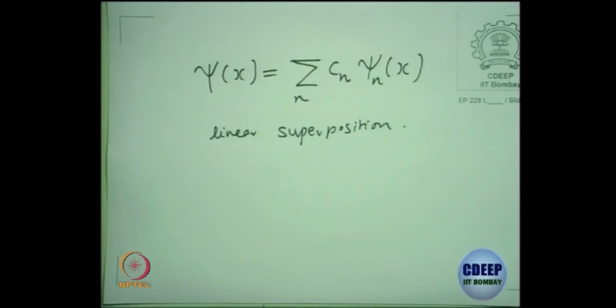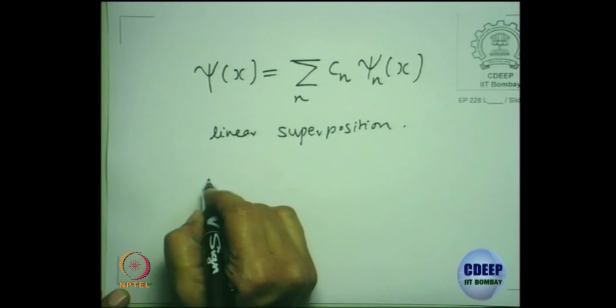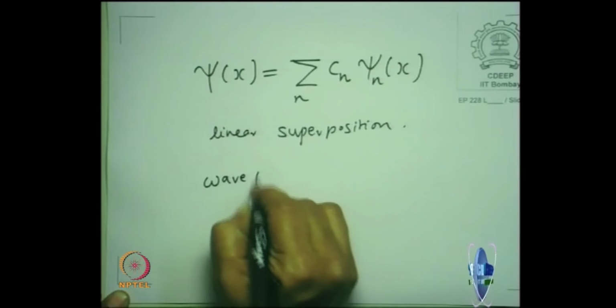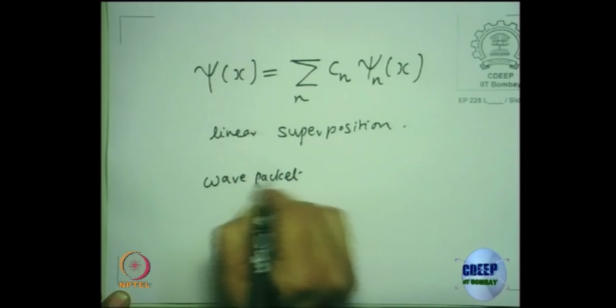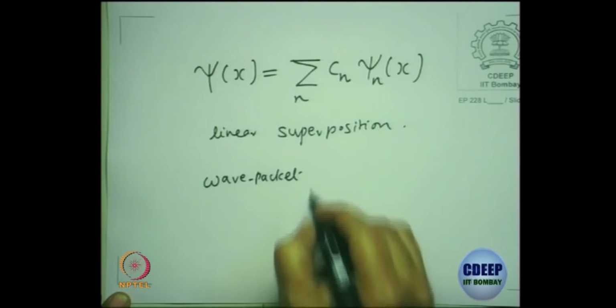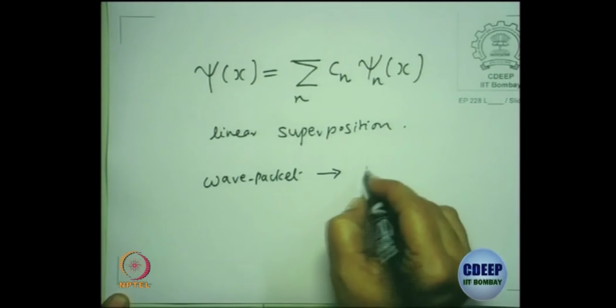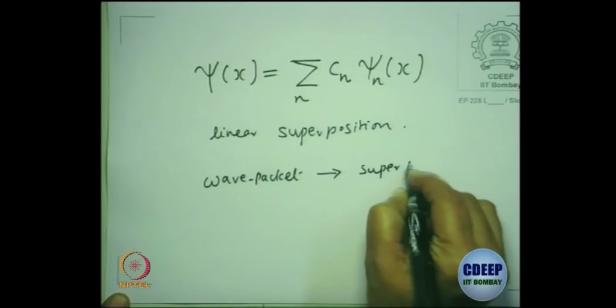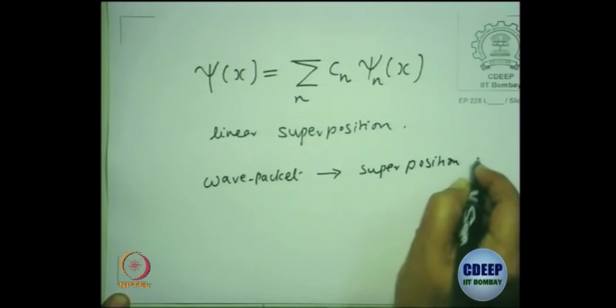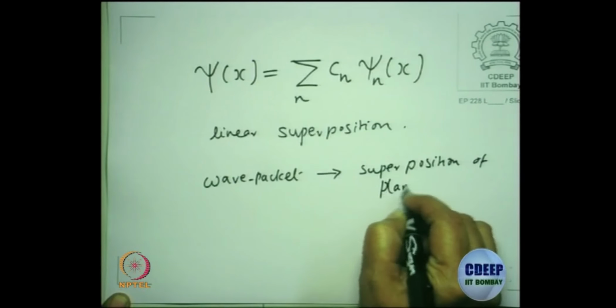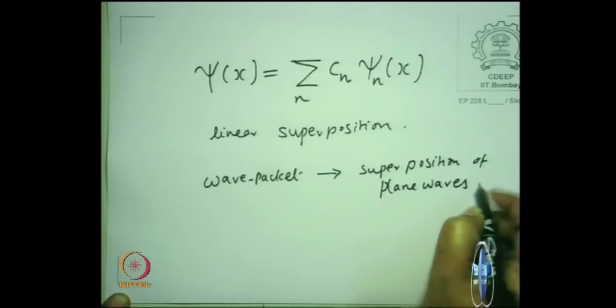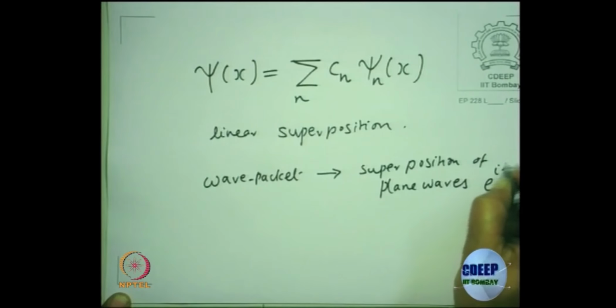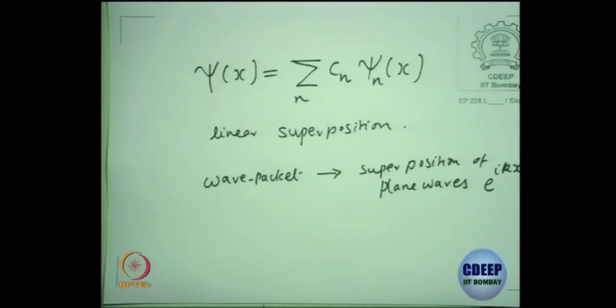But we could take a wave packet as a superposition of plane waves. Plane waves are typically denoted by e to the ikx, free particle.